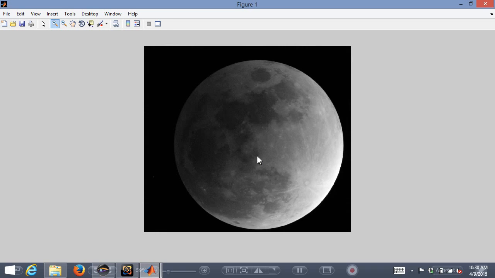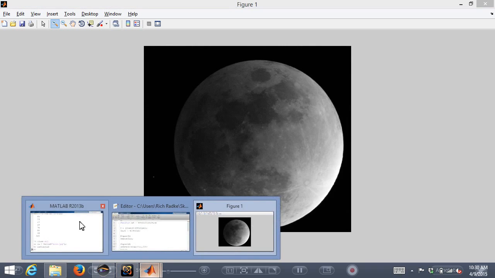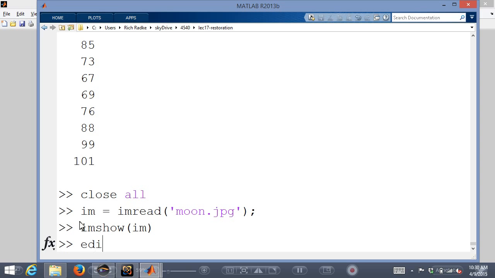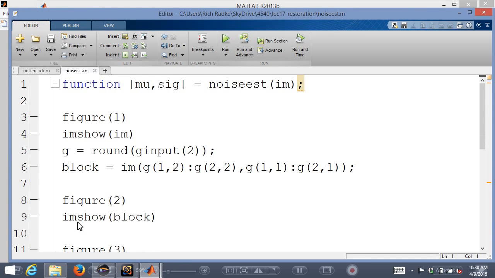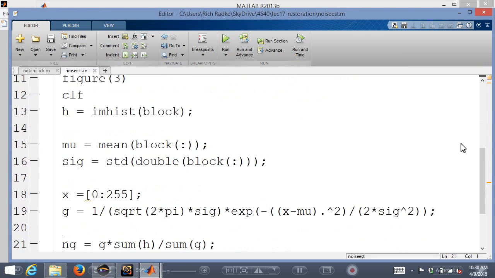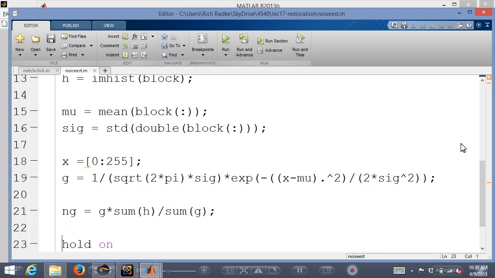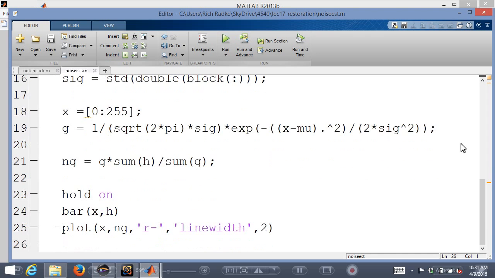And so here is my little algorithm for estimating the noise. I wrote a little function. All I'm going to do is use my mouse to click around a box on the image. I'm going to look at the histogram, and then take the mean and the standard deviation of the intensities inside the histogram and fit, in this case, a Gaussian to the image histogram and see how good it is.